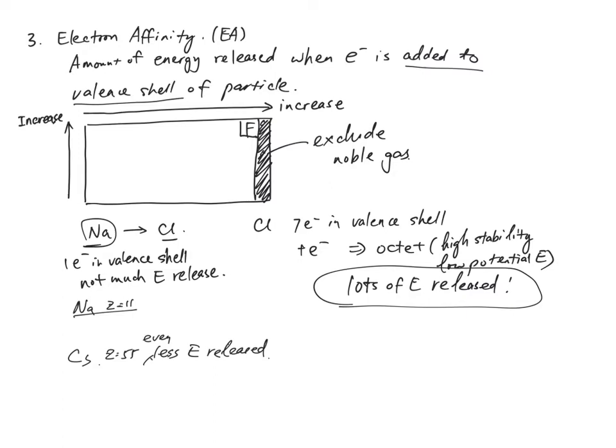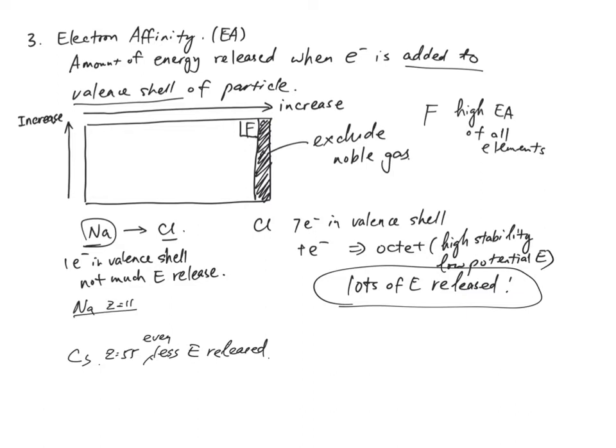So fluorine is the element that has the highest electron affinity of all elements. This guy gets one electron, he's really, really, really happy. Nobody is happier than fluorine when it comes to getting an electron.